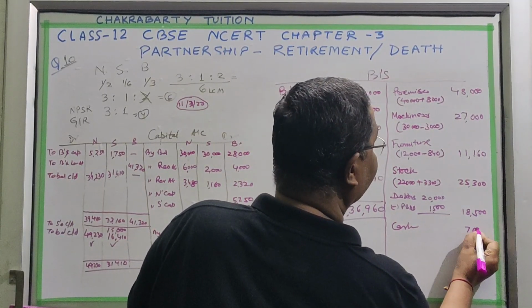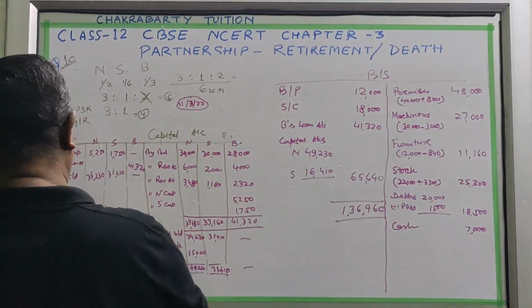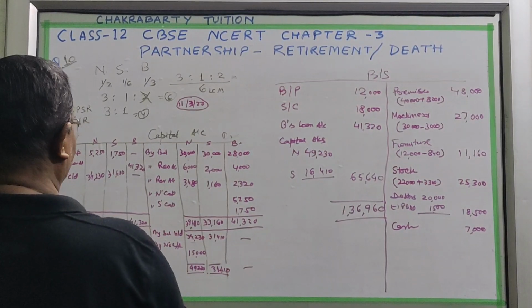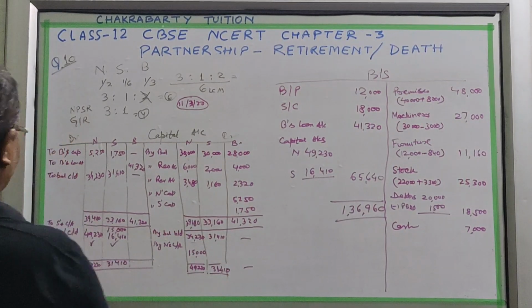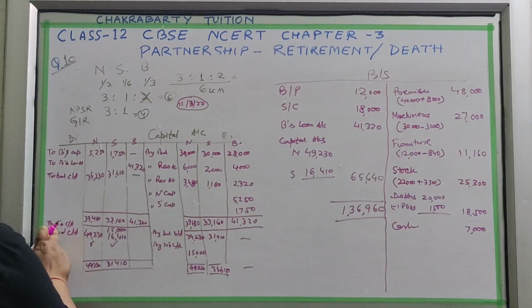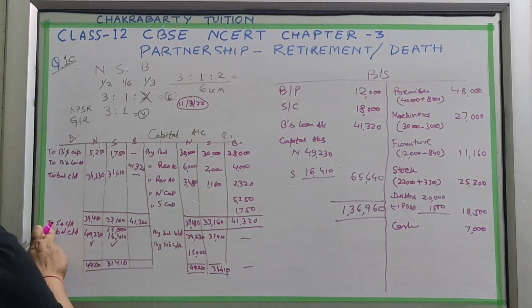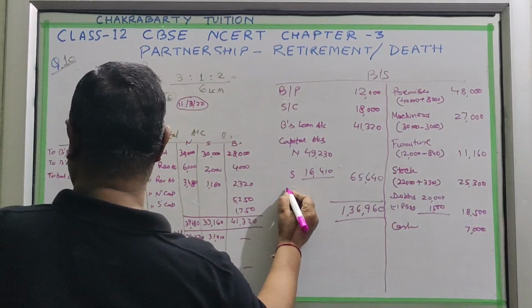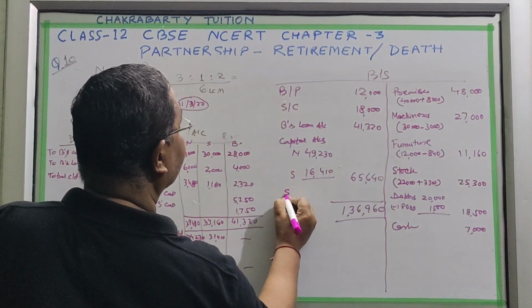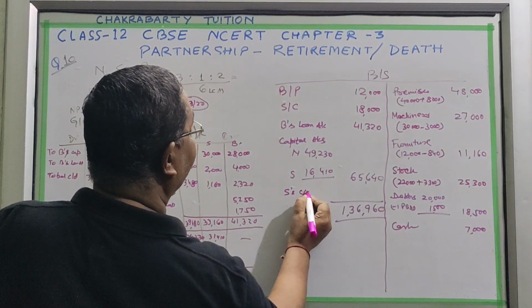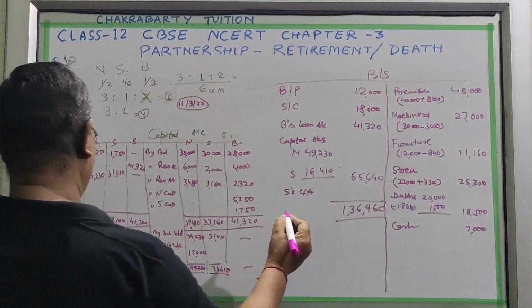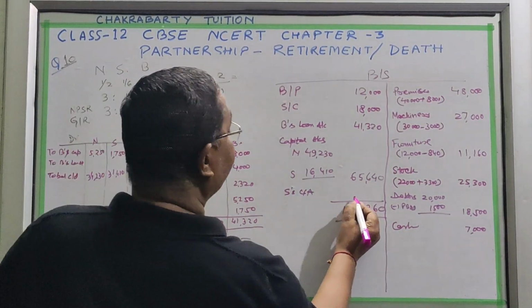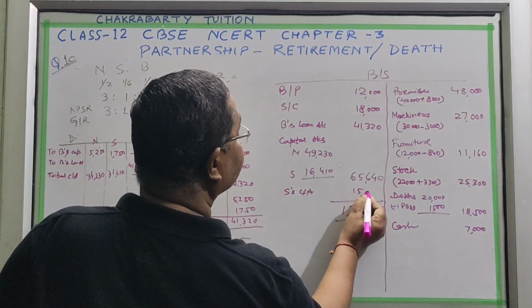Okay. And now this current account, you should not forget current account. So here current account is in the credit side, means it is a credit item. So here we have to write Suri's current account. I have forgotten Suri's current account. 15,000 will come to this side.